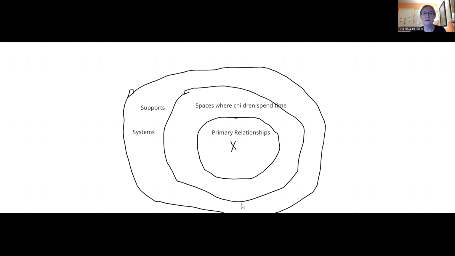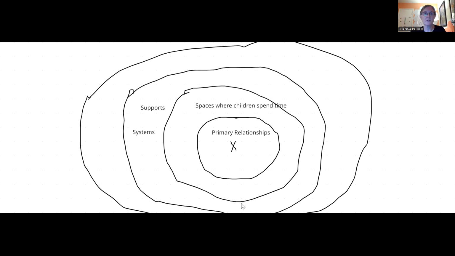And then our final circle here is where we are thinking about culture and language, beliefs and values.